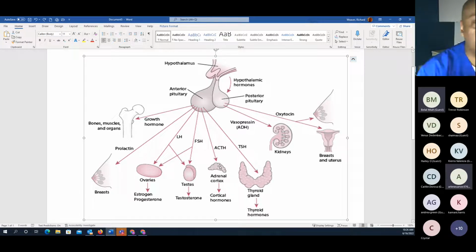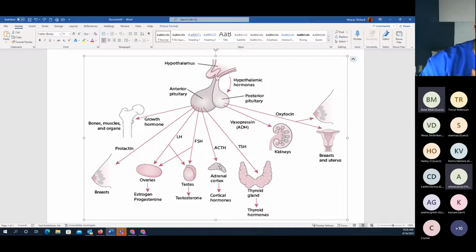there's a term we call positive and negative feedback loop. If your numbers are low, then the positive feedback loop, just think about a plus sign, right?